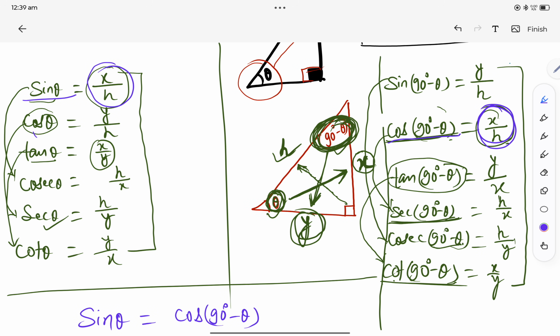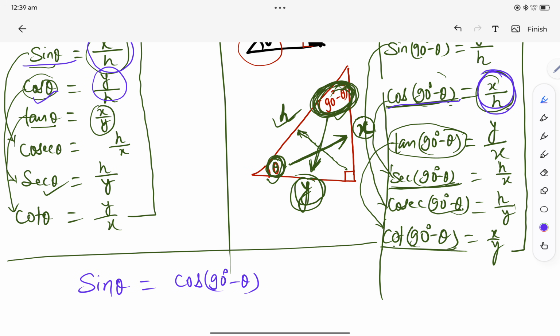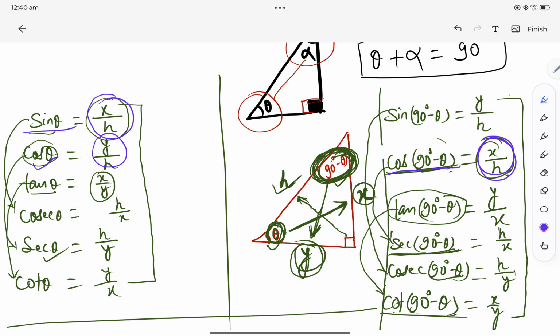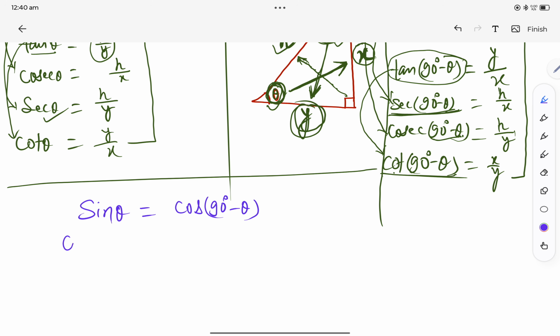And cos theta is equal to y over h, and here you see that sin 90 degrees minus theta is equal to y over h. So basically cos theta and sin 90 degrees minus theta are equal because their right hand sides are both y over h. So cos theta is equal to sin 90 degrees minus theta.